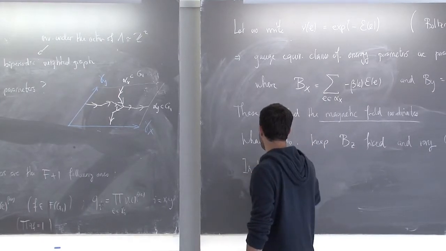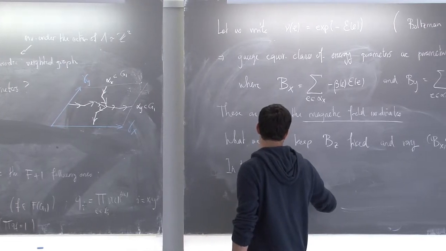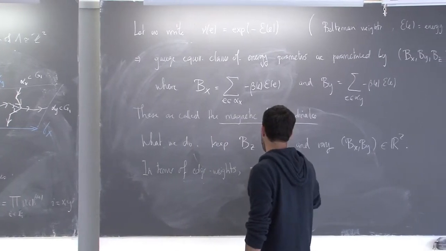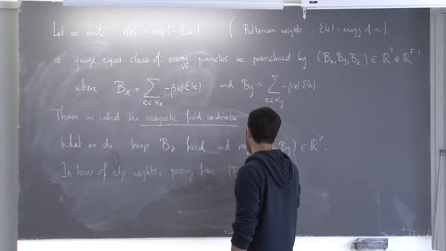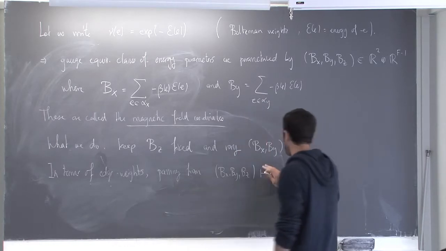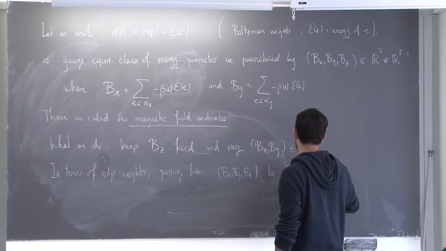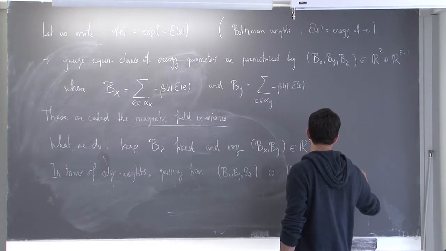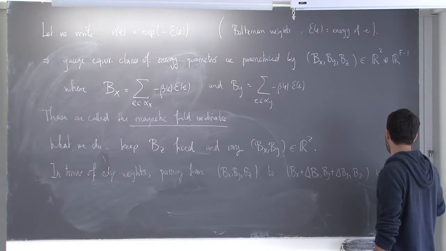In terms of edge weights, passing from some fixed Bx, By, Bz to Bx plus delta Bx, By plus delta By, and not changing Bz, is done as follows.